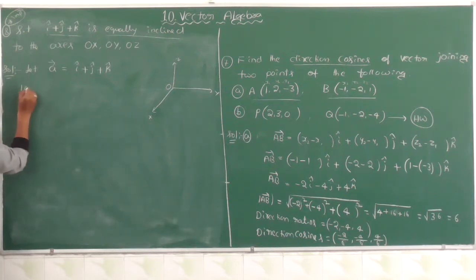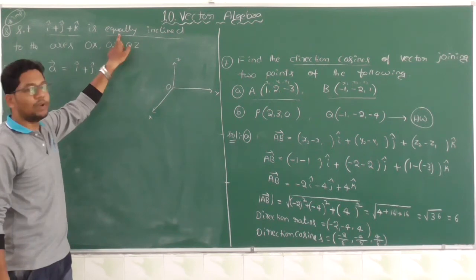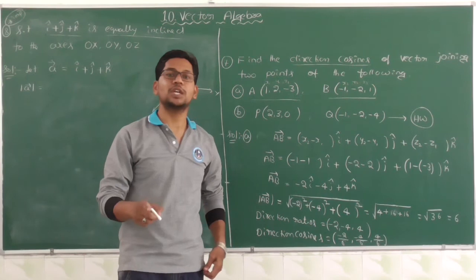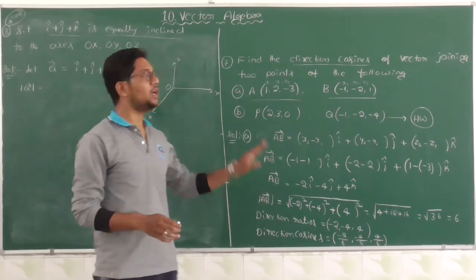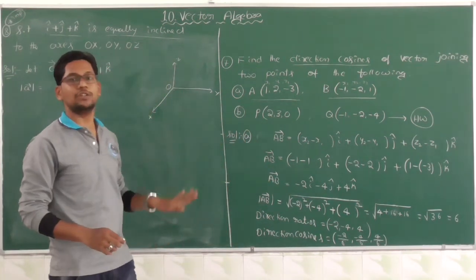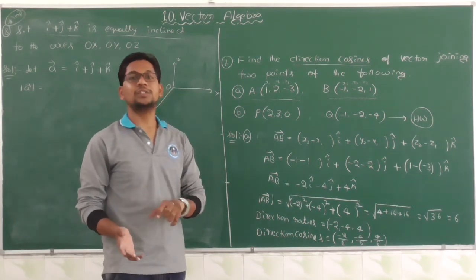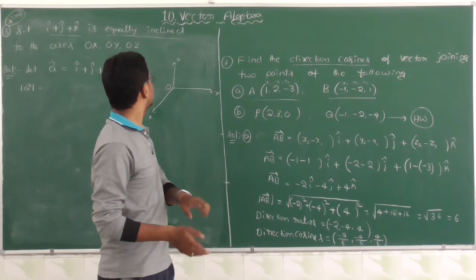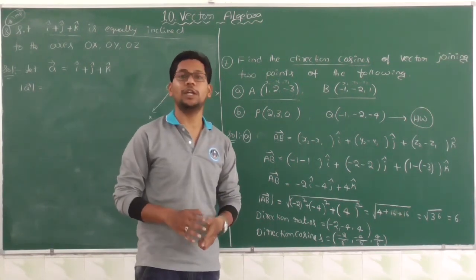Now find out the magnitude. To prove equally inclined, we have to find direction cosines. If the direction cosines are equal, then we can say that the vector is equally inclined to the axis. If the direction cosines are not equal, then the vector is not equally inclined to the axis.